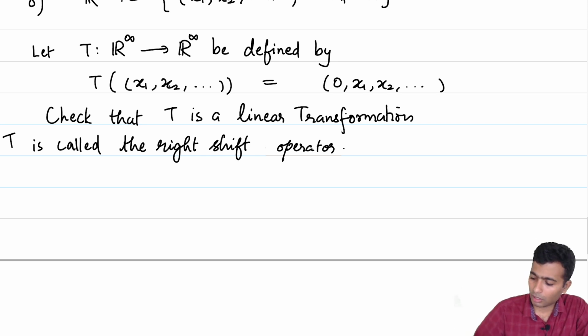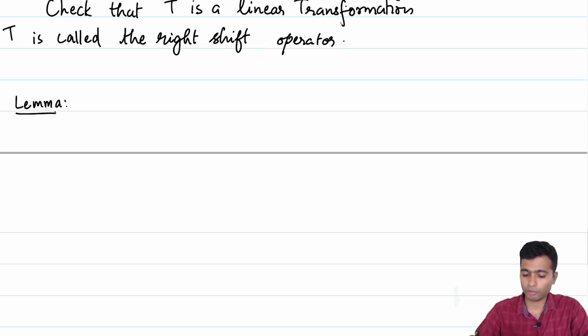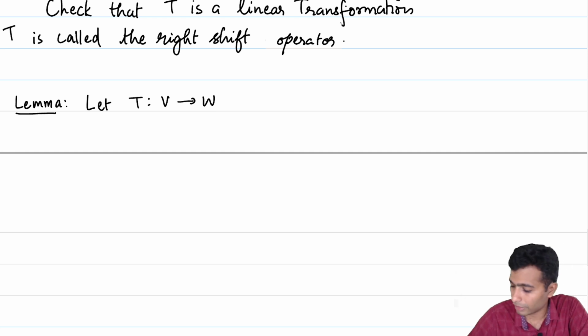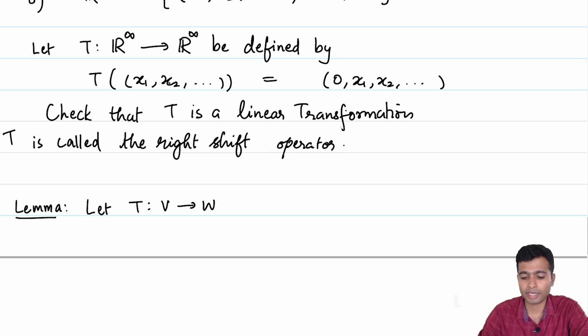All right, so the first lemma, it's a simple result. The first lemma which we would like to prove here would be that every linear transformation necessarily maps the 0 vector to 0 vector. So let T be from V to W. Before I go ahead, observe that we are not restricting our definitions and examples to finite dimensional vector spaces.